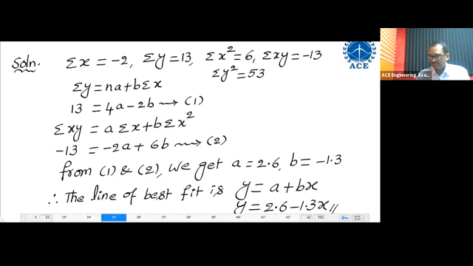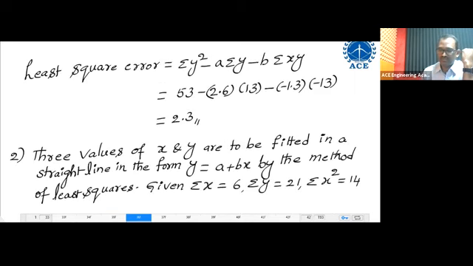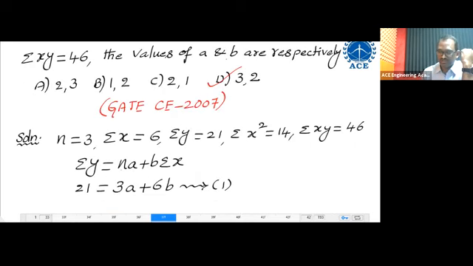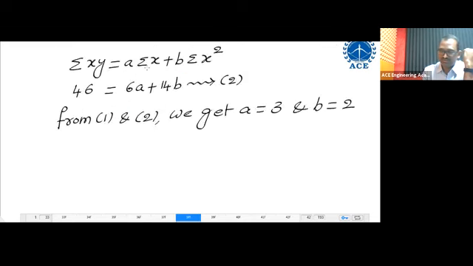So m, the slope of the line, means b, and they said the line is passing through the origin, so c is 0, which means a is 0. So a straight line passing through the origin is y equals bx, just like y equals mx. In the formula also, you need to take a as 0 and then simplify.